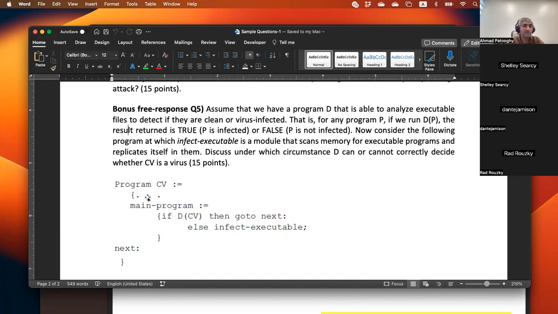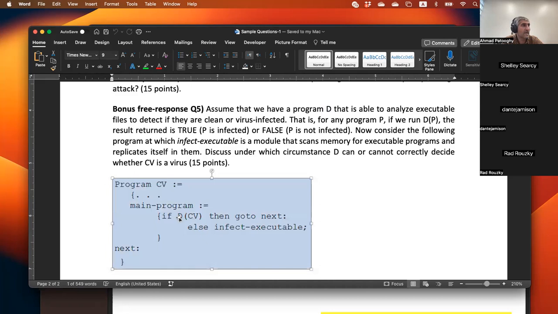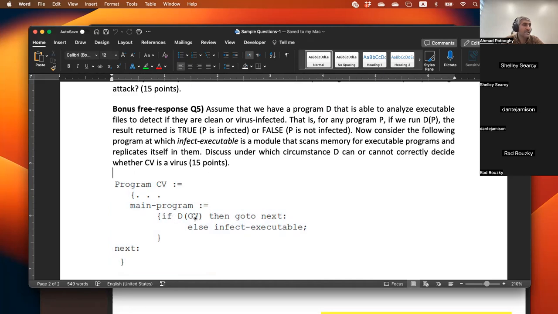CV is aware of having D in our computer, and look at the code of CV. CV checks if D is able to classify CV as a virus. If D is capable of classifying CV, in that case CV, which is a virus, is not going to do anything bad.